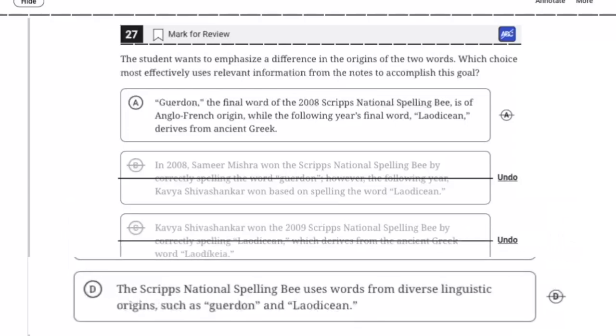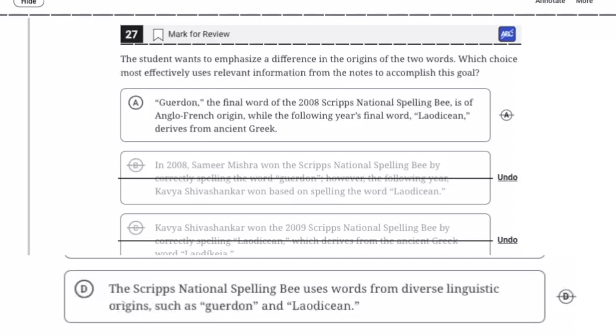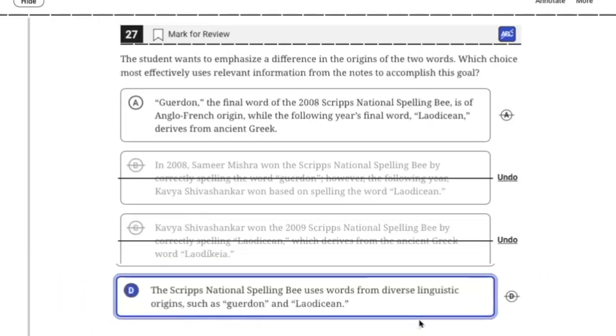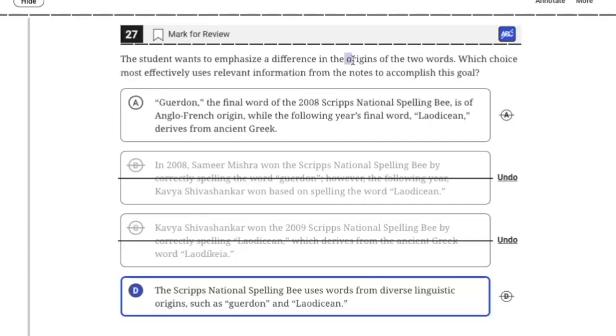D: The Scripps National Spelling Bee uses words from diverse linguistic origins. This one's kind of trying to trick us because it says diverse linguistic origins, so we see the word origins. This is something common to the SAT in general where you'll see the exact word from the question and you'll get really excited.